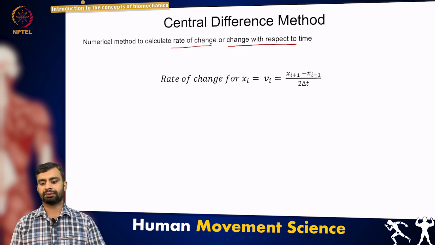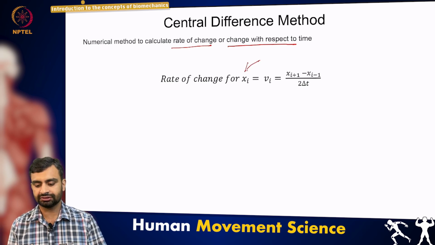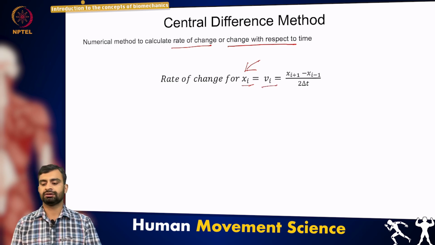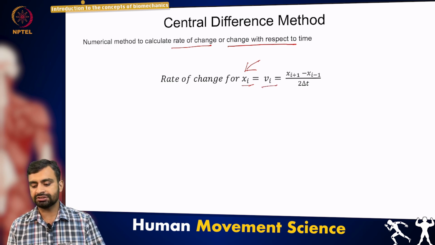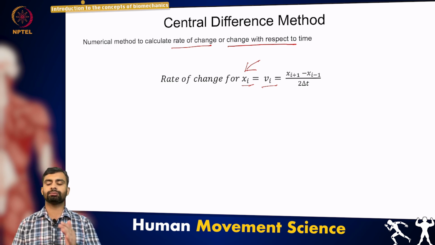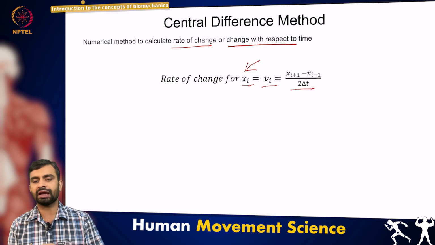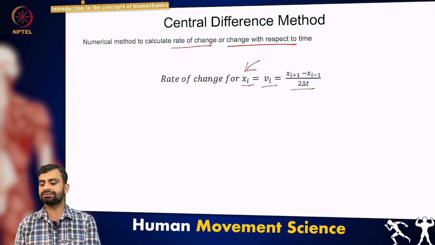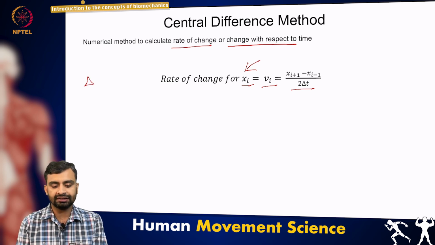According to this, the rate of change for position at ith, which is the velocity denoted by vi, is given by the difference between the I plus 1th value and I minus 1th value divided by 2 times the time interval it took to complete that activity. There is one assumption here that delta t is constant.